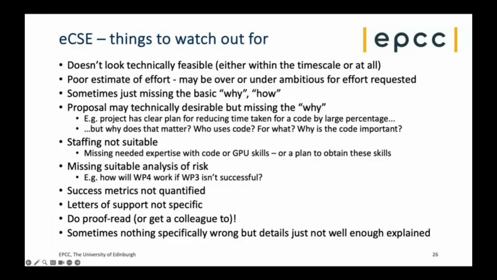But you still need to say, why does this matter? Who uses the code? Why do you need the code to go faster? Technically that may be obvious, but there's still a question as to why you want to do this, and why you should be funded to do this. What's it going to do? Why is the code important? Surprisingly often you find people don't say that.